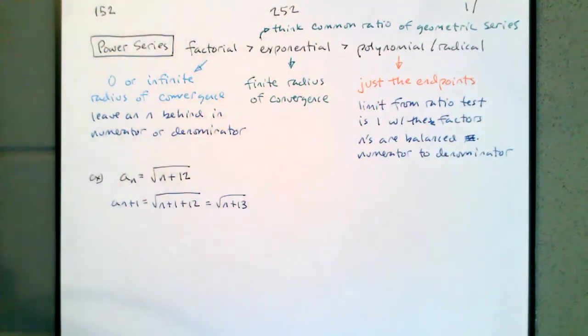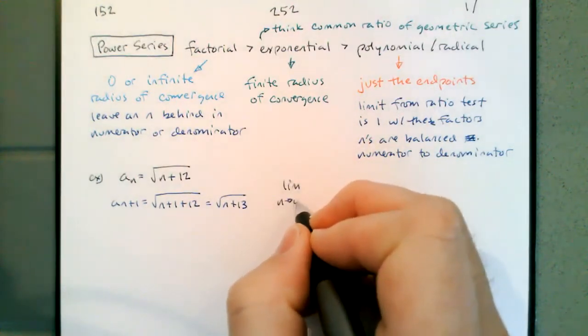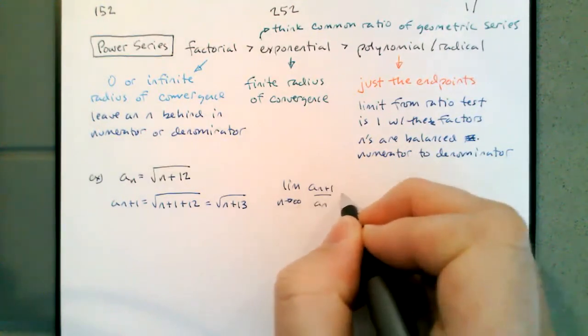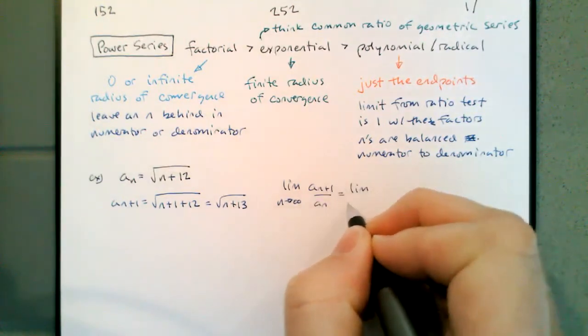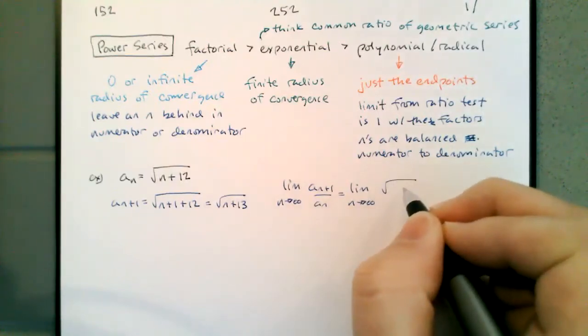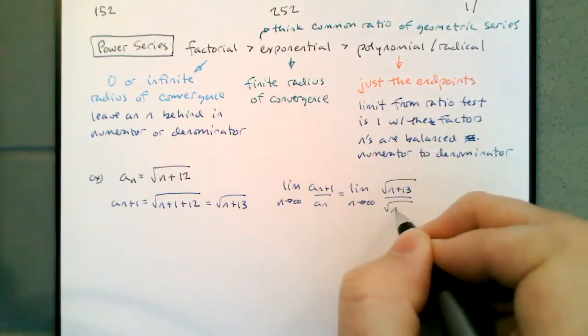Now, when we look at the limit as n goes to infinity of this ratio, we've got an n to the 1/2 over another n to the 1/2.